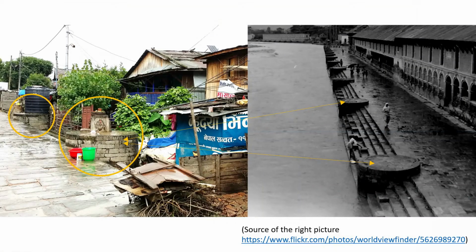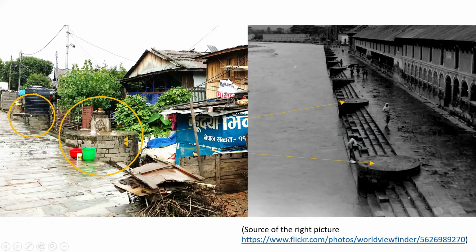I'm showing this picture to explain how these informal settlements are at flood risk. This picture at the right side is from the 1960s.